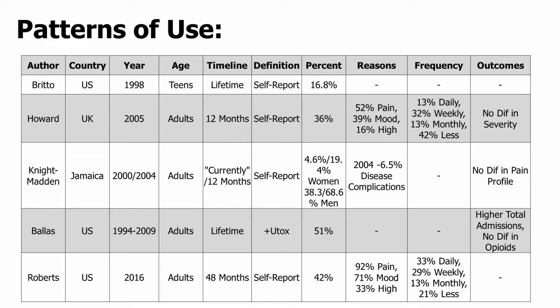So the first is, other than the first study, which was done in teens in the 90s, all subsequent studies have shown that the rate of self-reported cannabinoid use is pretty high, so about a third or higher. This is much higher than the average rate of use. Just for comparison, in the United States, in states where recreational marijuana is legal, use in the past 12 months is generally somewhere around 15%.